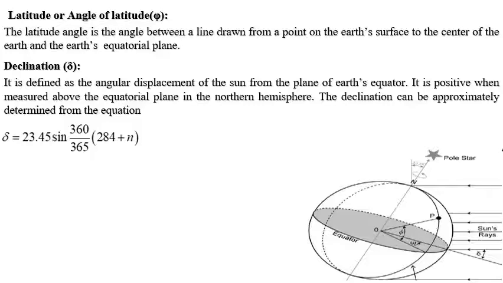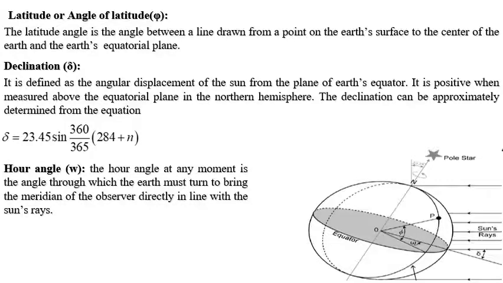Then the hour angle omega. The hour angle at any moment is the angle through which the Earth must turn to bring the meridian of the observer directly in line with the sun rays. So you can see the sun rays falling on Earth.